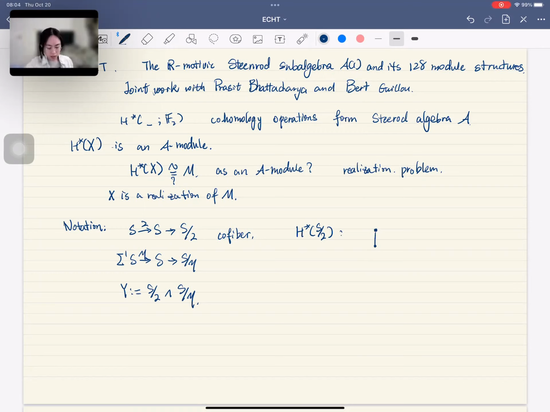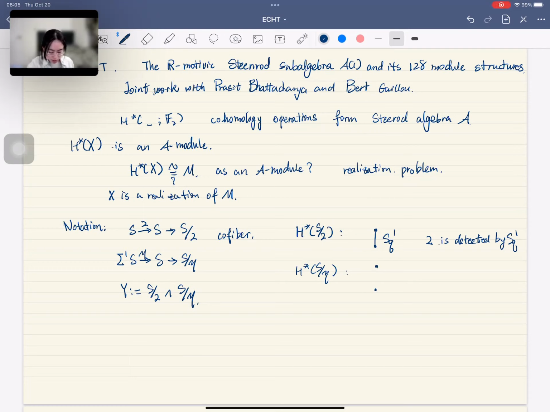I'll draw a stick, and this action is given by Sq1. In other words, 2 is detected by Sq1. Similarly, eta is detected by Sq2.